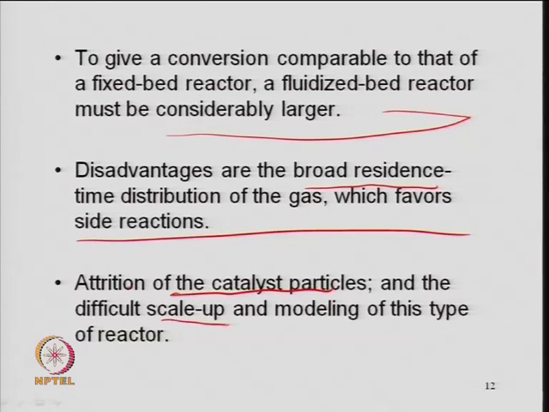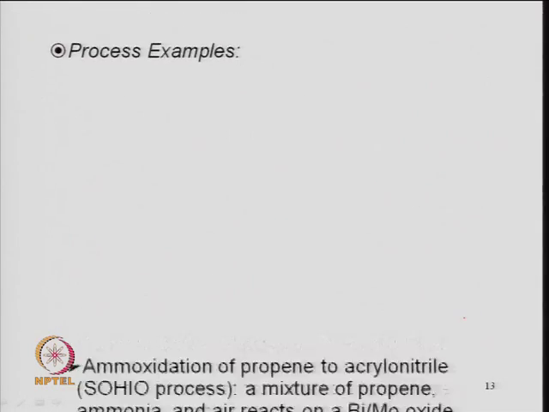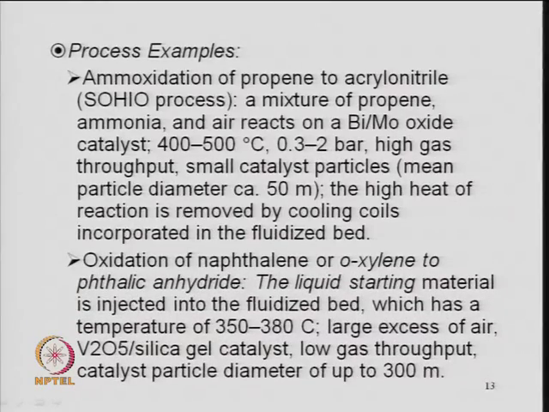And for the scale-up and modeling of this type of reactor, you need to look at this kind of property also. So, these are some other problems or issues with the fluid bed reactor. So, wide applications of the fluid bed reactors are when the reaction is exothermic, as I said, right, or the catalyst regeneration is an issue. So, these are very commonly used. Some examples: the ammoxidation of propane to acrylonitrile, which is the Sohio process, right.